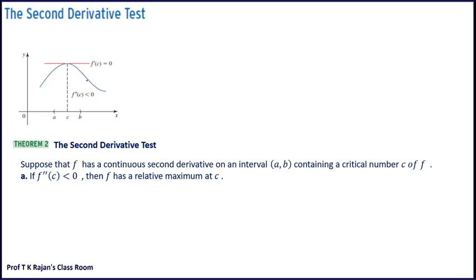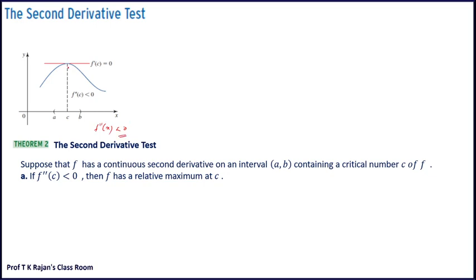Such a nature it has, and therefore it is concave downward, and therefore its second derivative f''(x) must be negative in this interval (a, b). So in the interval (a, b), the curve is concave downward, and therefore its second derivative is negative.